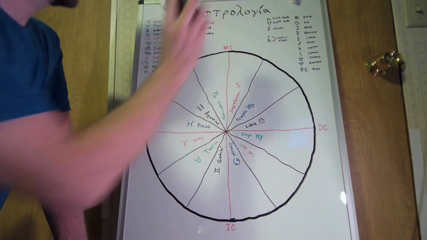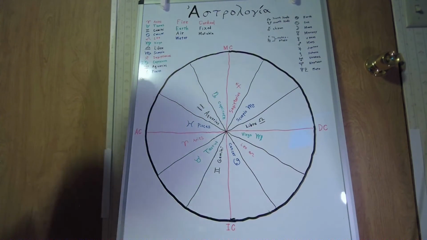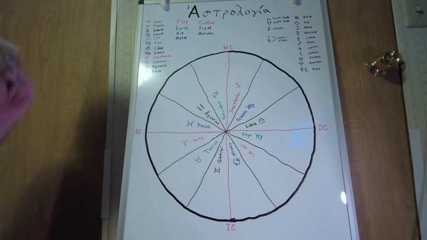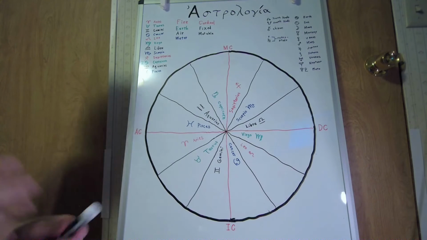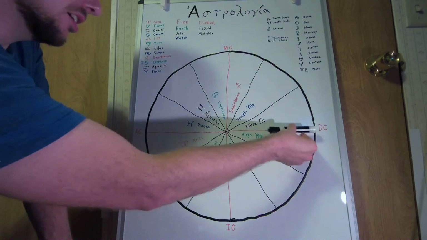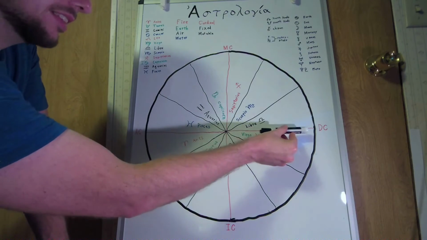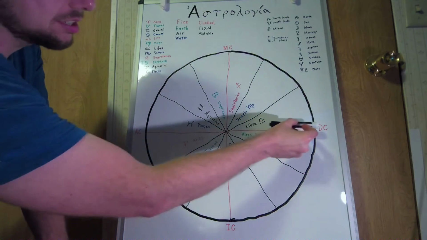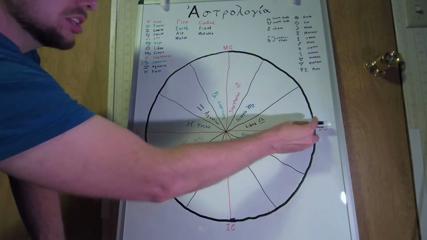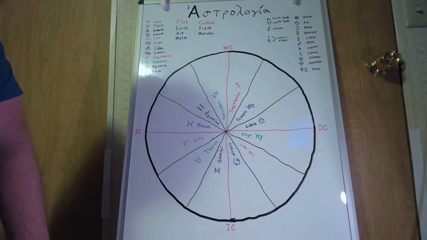Now, something else we need to cover is something called your ascendant. Now, you'll notice right here is a horizontal line. This red horizontal line going across this chart represents the ground or the horizon.